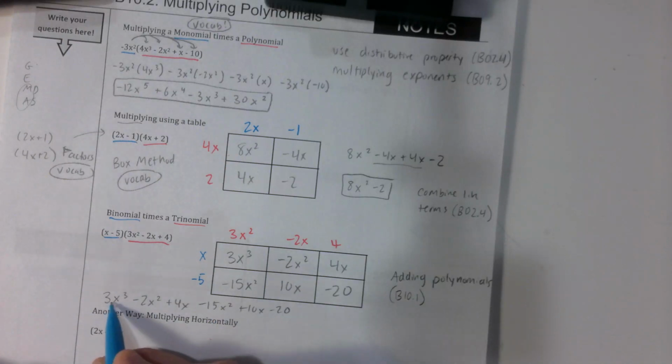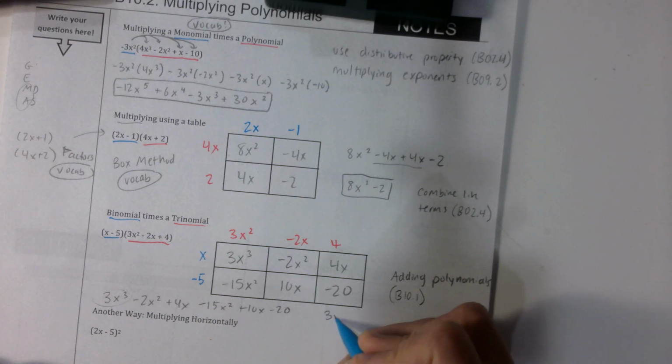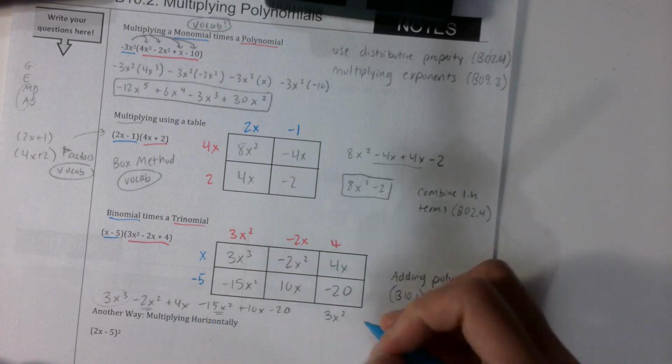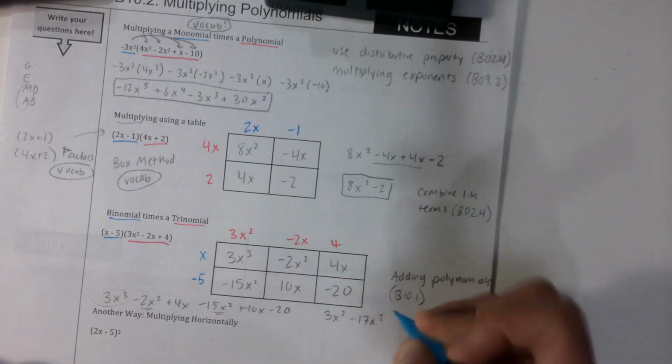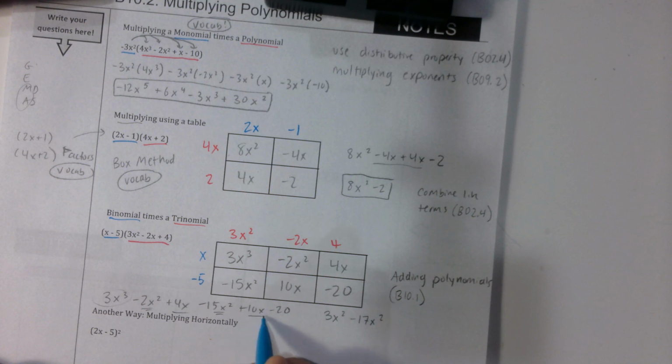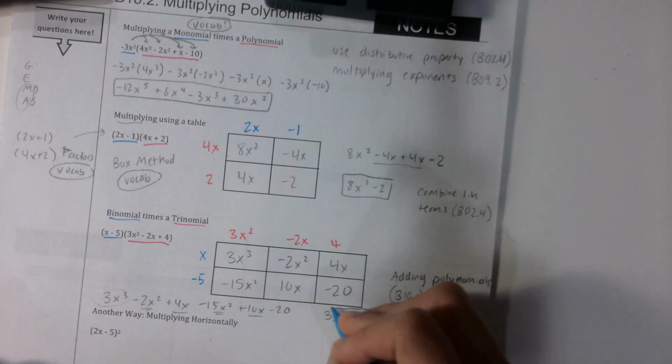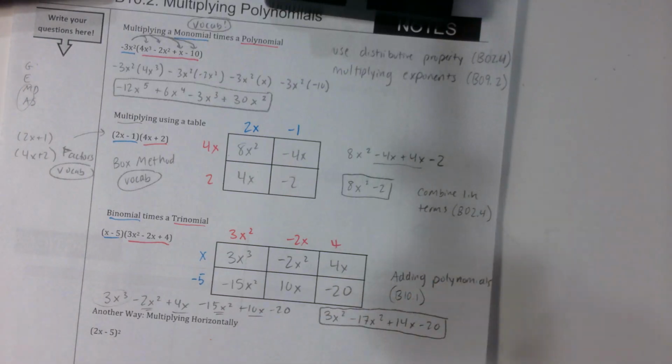So we have only 3 terms, so we have 3x cubed. We have these two, negative 2 plus negative 15 is negative 17x squared, and then we have one x term and then another x term, so we have plus 14x minus 20, and that is our answer.